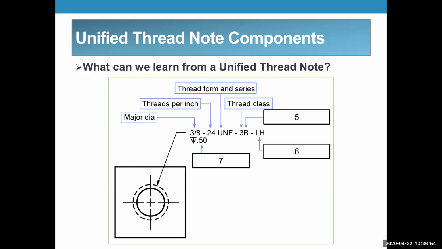The B stands for internal. If it were A, it would be external. So that position, at least, stands for external or internal. And then lastly on that particular line, we're calling out whether it's left hand or right hand.